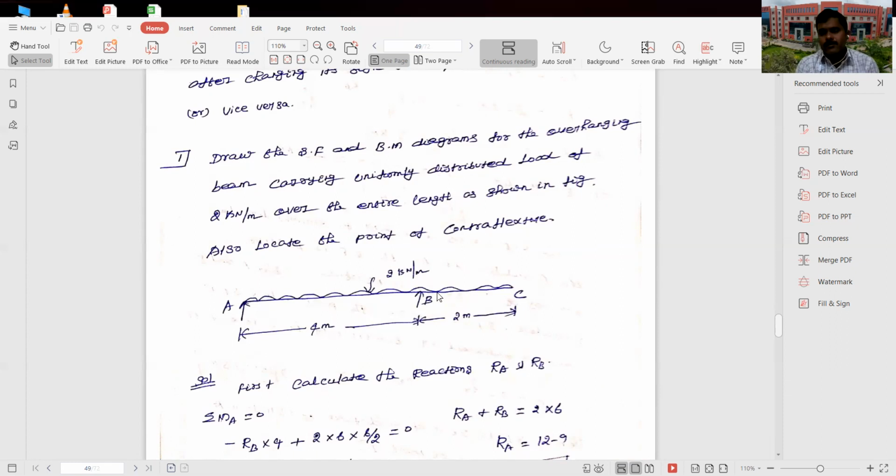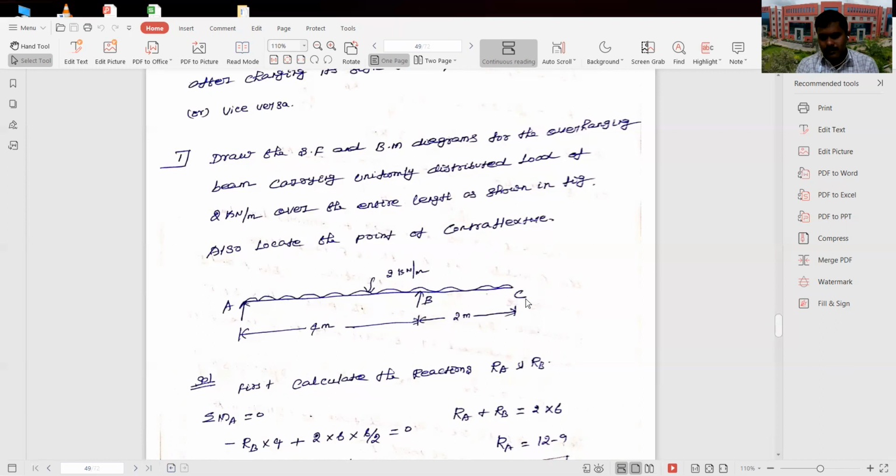Similarly, if I want to know the shear force value at B and at C, I have to take the section between B and C. Then I can form the F of x equation. From that equation, if I substitute at point B, that is x equal to 4 meter, I will get the B value.